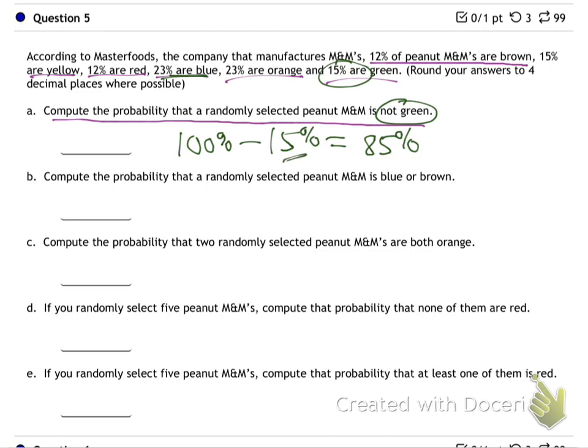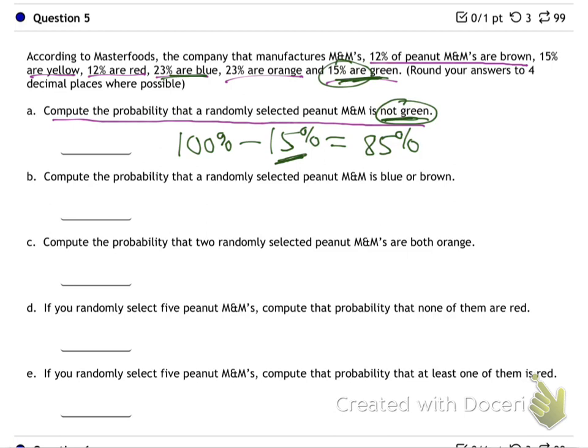If 15%, it'd be like me saying there's a 15% chance of rain tomorrow. So then what's the chance it won't rain? Whatever 100 minus that is. That's what we're talking about here. If they say, what's the chance that the M&M you grab is not green? Well, 15% of the M&Ms are green.